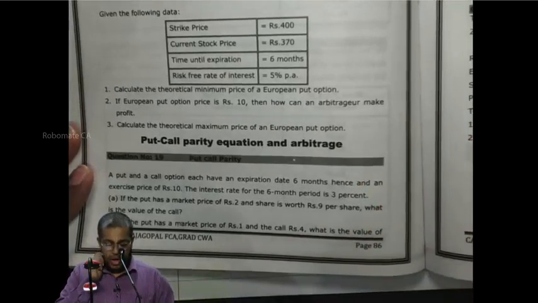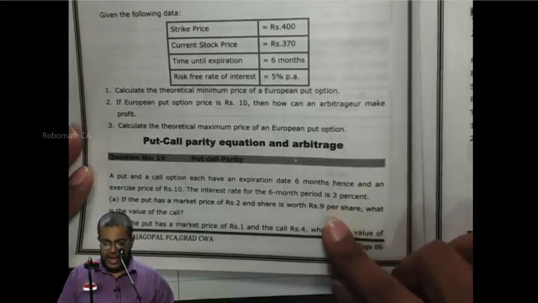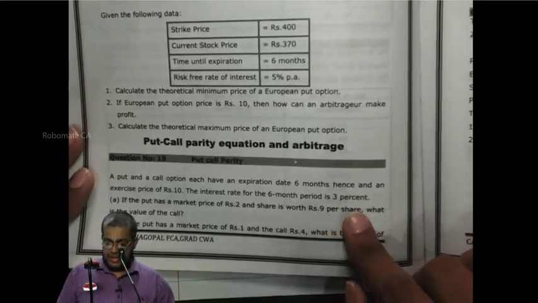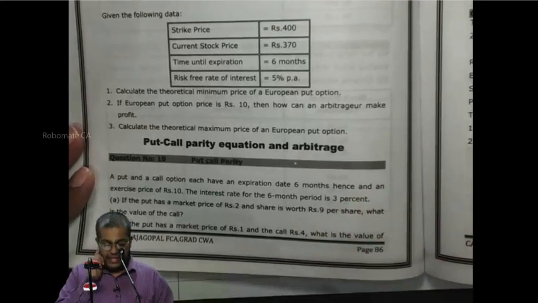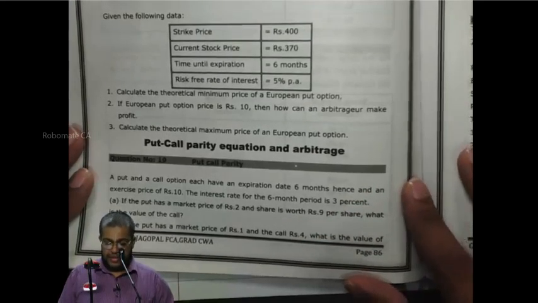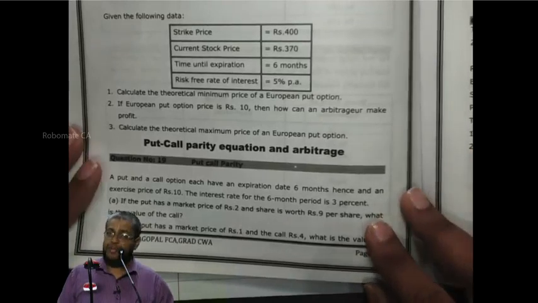A put and call option each have an expiration date of 6 months and an exercise price of ₹10. Interest rate for the 6-month period is 3%.